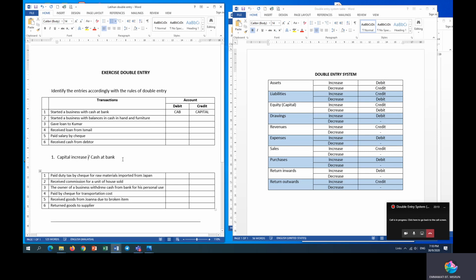And then the second account is cash at bank. Does cash at bank increase or decrease? Cash at bank increases, because the capital comes in the form of cash at bank. So, your cash at bank increases.